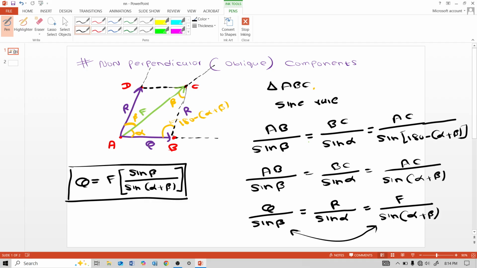So this Q component we calculated: Q equals F sine beta upon sine of (alpha plus beta).